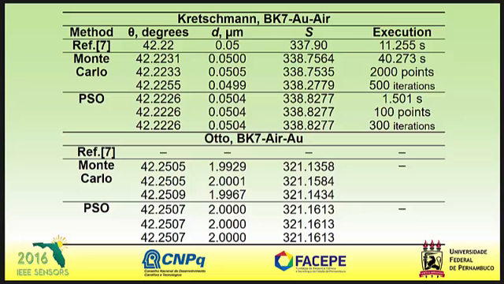For the Monte Carlo and the PSO, we run the algorithms 3 times to check the consistency of the results. Looking at the Kretschmann configuration, we can see that the PSO has the best computational efficiency. It's 7.5 times faster than the direct search algorithm, and also about 27 times faster than the Monte Carlo algorithm.